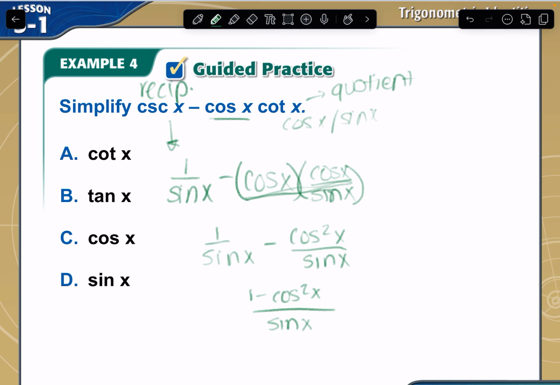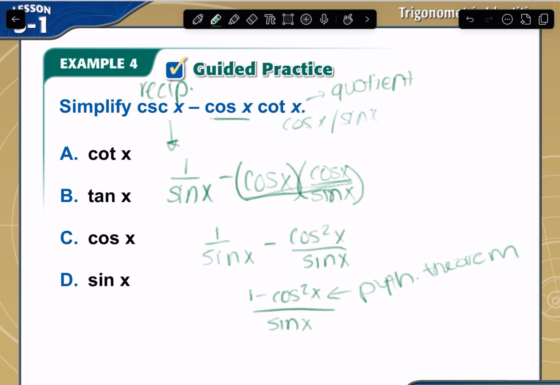Again, similar to last problem, looking at your numerator of 1 minus cosine squared x. If you see a cosine squared or anything that is squared and also happens to involve a 1, this should automatically tell you that I'm going to use a Pythagorean theorem identity to simplify. So again, it's that same one that we used in the last problem where it is originally sine squared plus cosine squared equals 1.